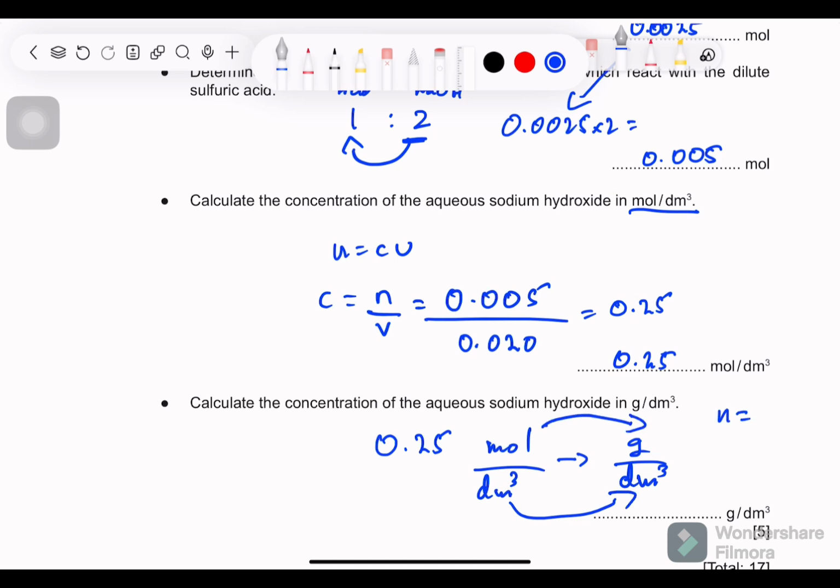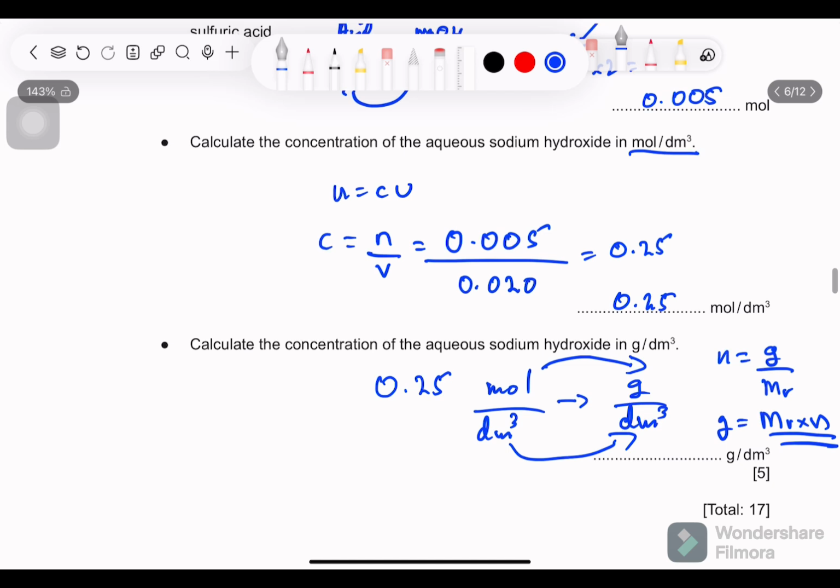To go from moles to gram, we need the Mr, and the Mr is multiplied by the number of moles. These are the number of moles. Multiply this by the Mr of sodium hydroxide, which is 40. So the answer will be 10.